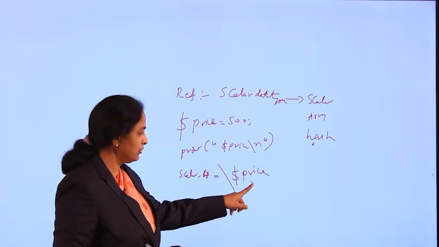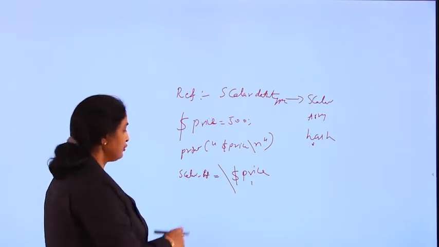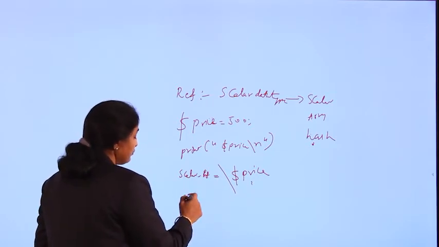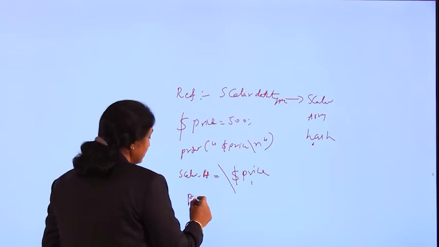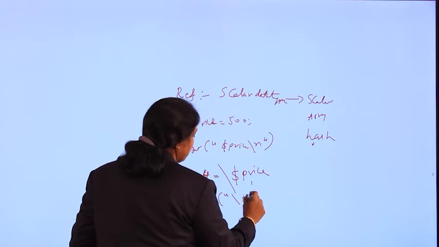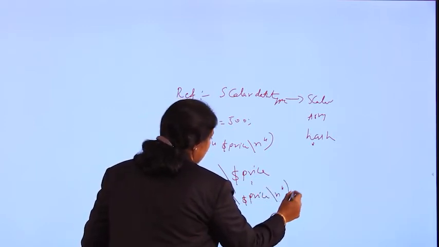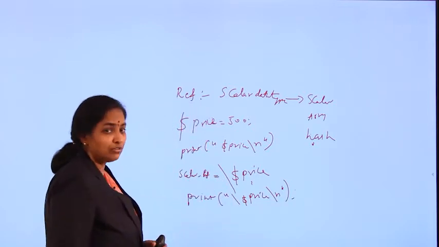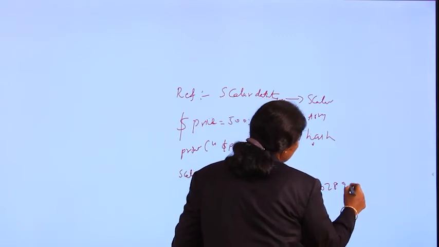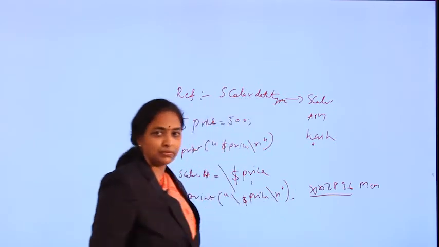Price is the variable, and for the price you created the reference. Now if you print backslash price, what are you going to get? You can see the memory location, some number like 7896. It is like a pointer data type.